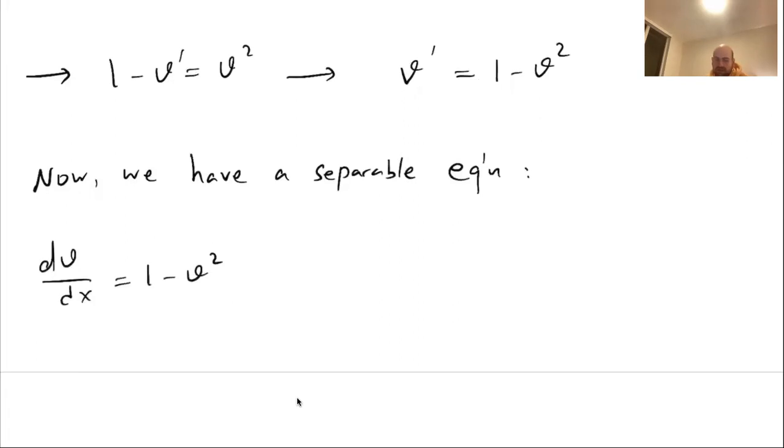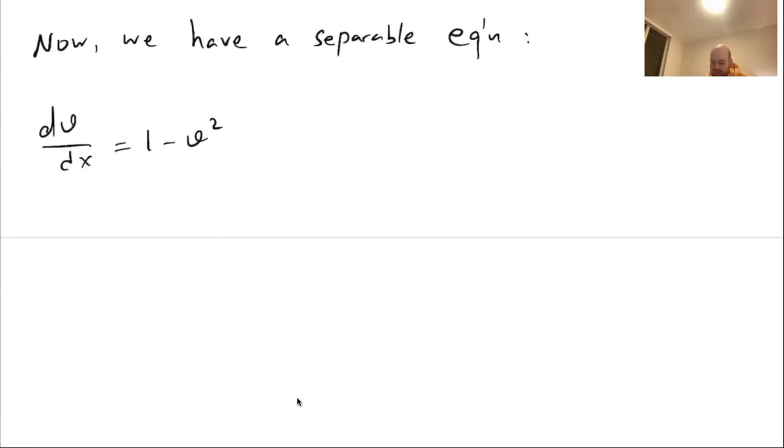So this is the idea that we use for separable equations. You have to divide by what we call the g of y. In this case, it's 1 minus v squared. As long as it's non-zero, we can divide by it. So again, we can consider two cases.